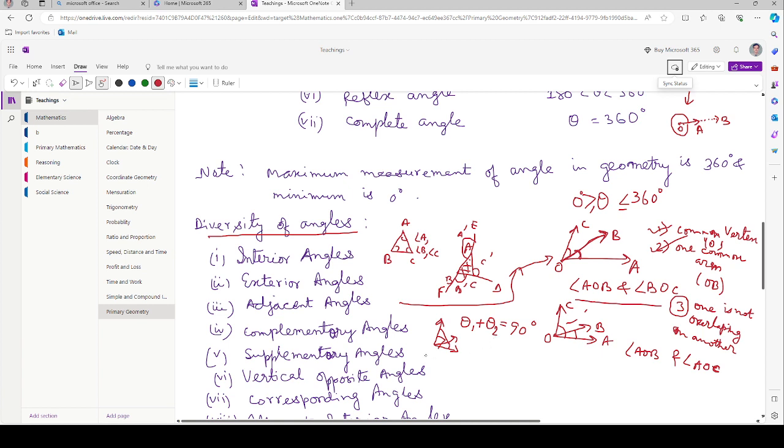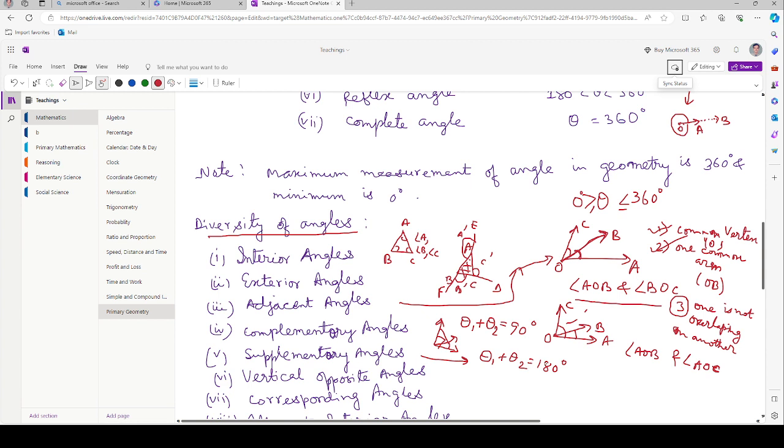Now come to the supplementary angle. If the sum of two angles, theta 1 plus theta 2, is equal to 180 degree, then these two angles, theta 1 and theta 2, are known as supplementary angles. So, if the value of theta 1 is 50 degree, then the value of theta 2 will be 130 degree if they are supplementary angles.